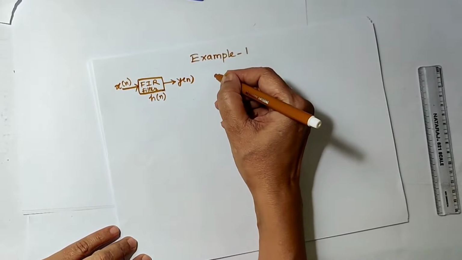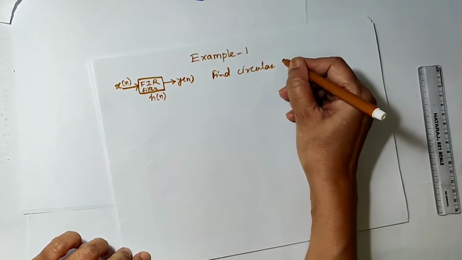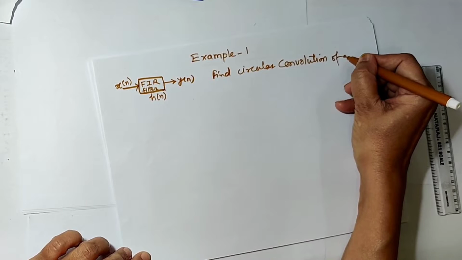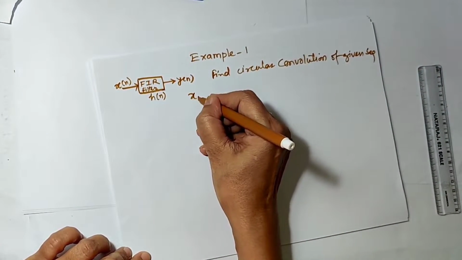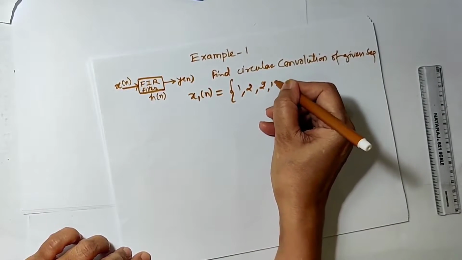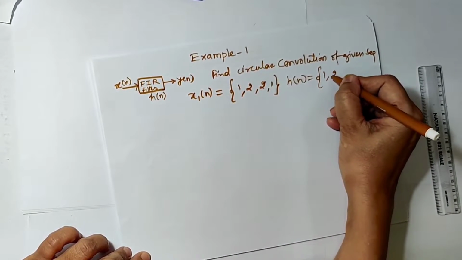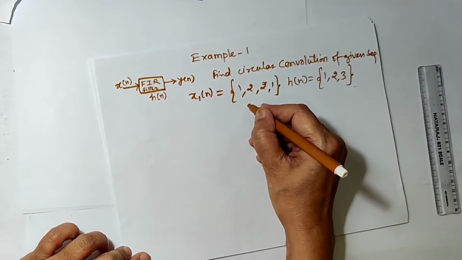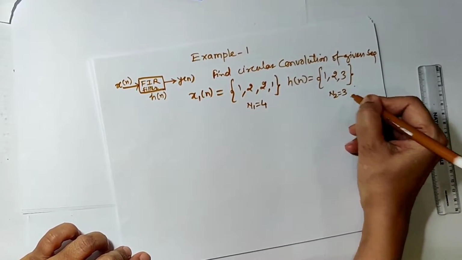This is the linear filtering. So find the circular convolution of the given sequences, where we have x1(n) equal to 1, 2, 2, 1 and h(n) equal to 1, 2 and 3. This is N1 equal to 4 and this N2 is equal to 3.